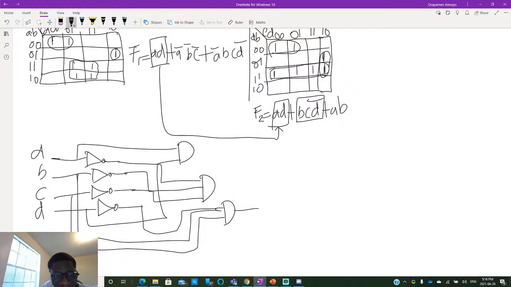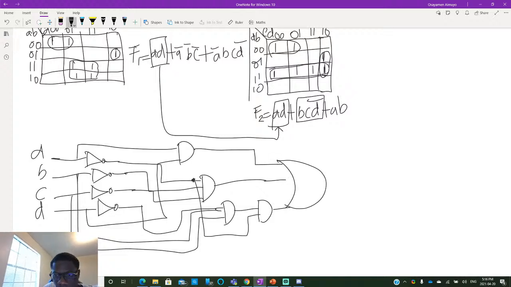Okay. So that ended with A bar. So A bar should be about here. So these three terms ORed together give us F1, right?